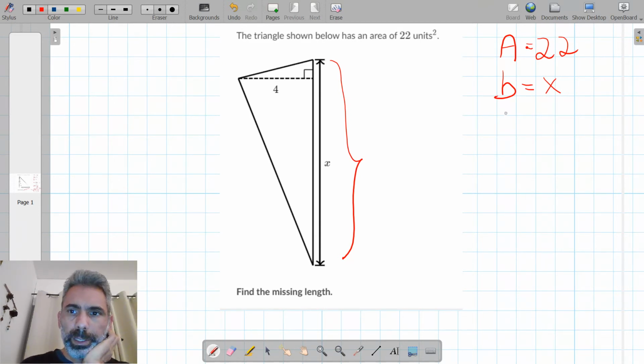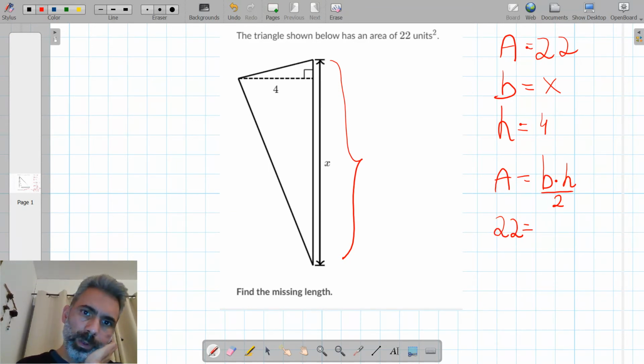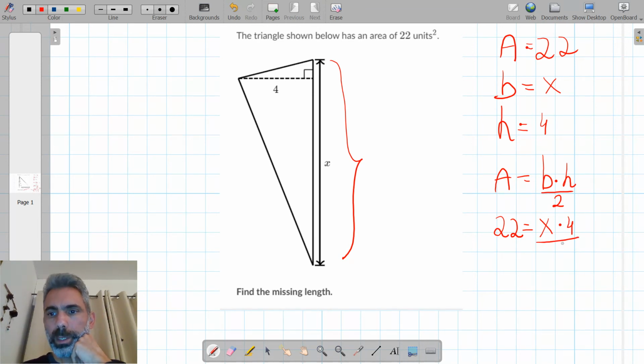So the height is 4. So the formula to calculate the area of the triangle is the base times the height divided by 2. So we know the area is 22. We don't know the base, so the base is x times the height, which is 4, divided by 2.